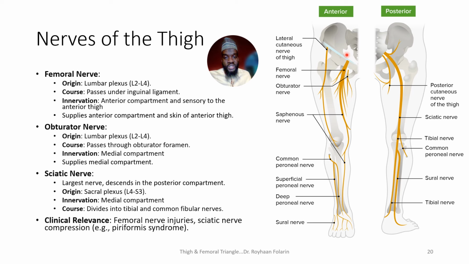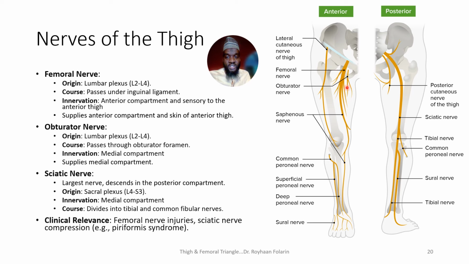Remember, immediately influencers go live, followers open up. So the femoral nerve is the follower there, and it's originating from L2 to L4, and it goes to innervate the anterior compartment muscles and provide sensory innervation to the anterior thigh as well.